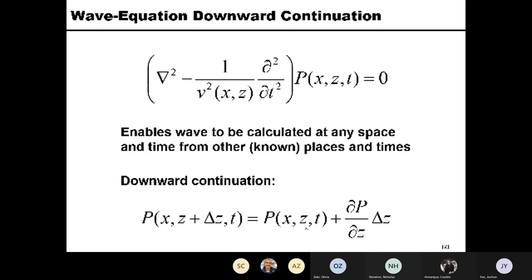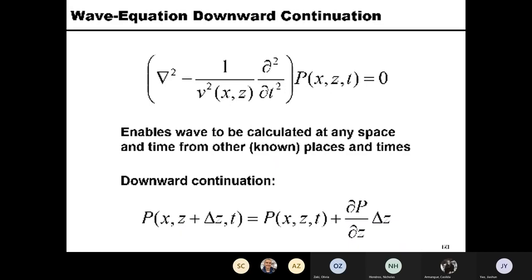So the wave field at depth z plus delta z, which is deeper, minus the wave field at depth z, divided by delta z. This approximates the first order derivative of a continuous function, right? So based on this one, the downward continuation is this.